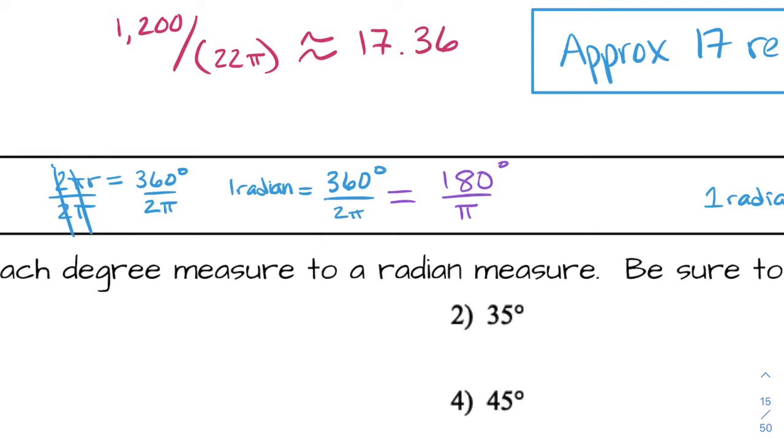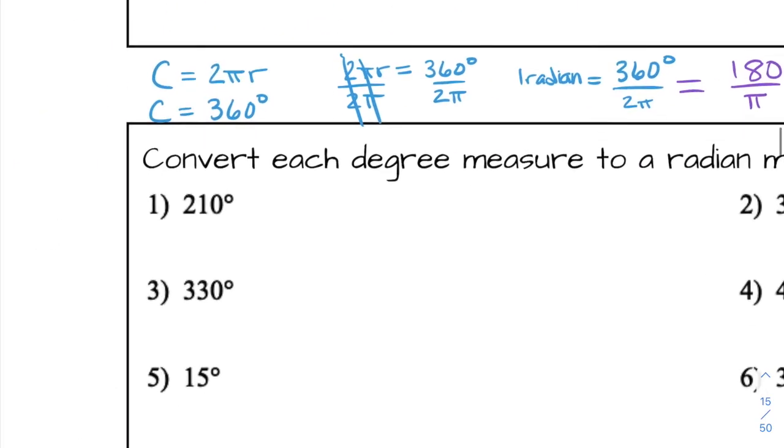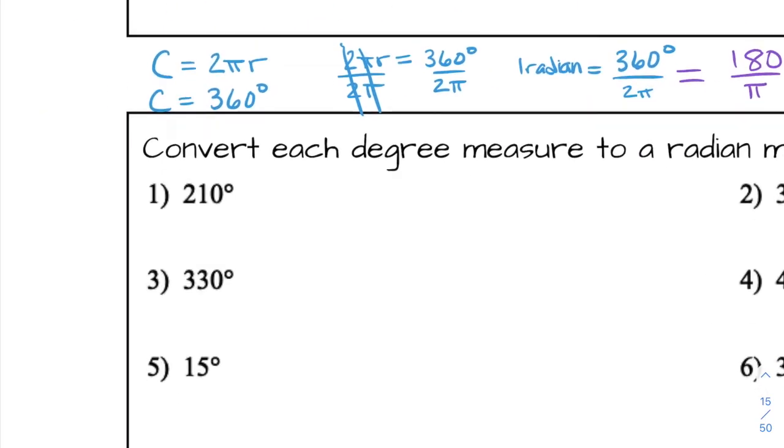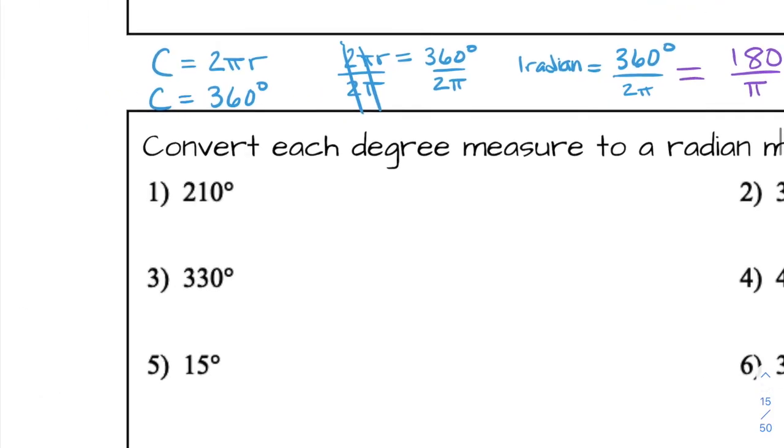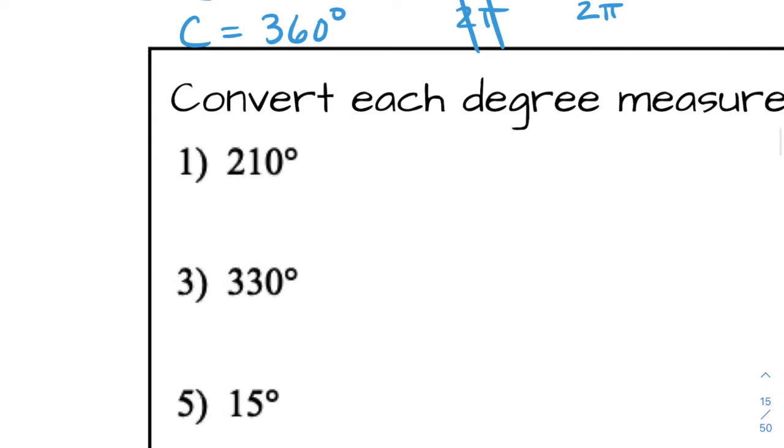So we're going to multiply everything here by either 180 degrees over pi or pi over 180 degrees. In this first one, I don't want to multiply degrees by degrees. Nothing will go away. So I'm going to do the flip of it, the inverse. So I'm going to do times pi radians over 180 degrees.